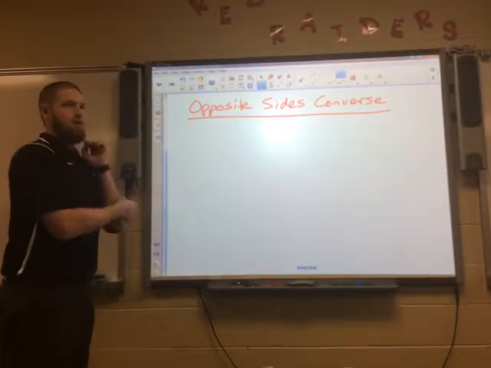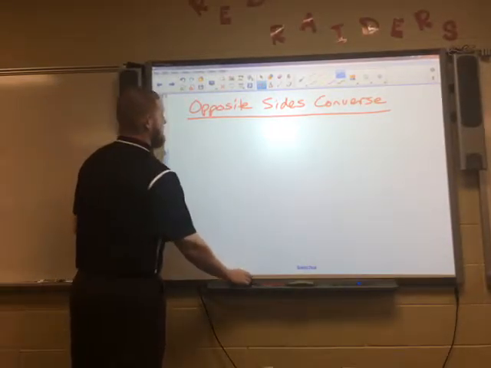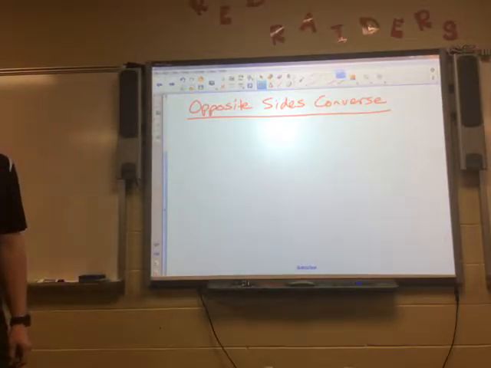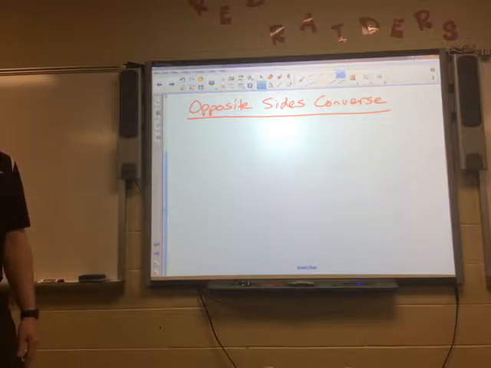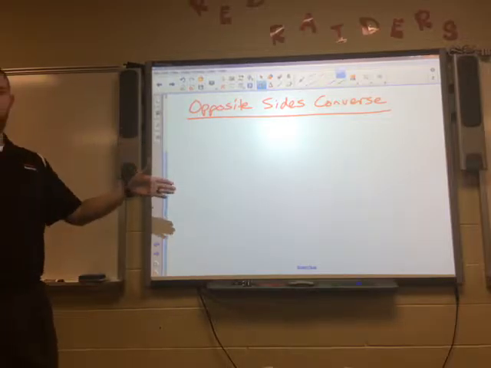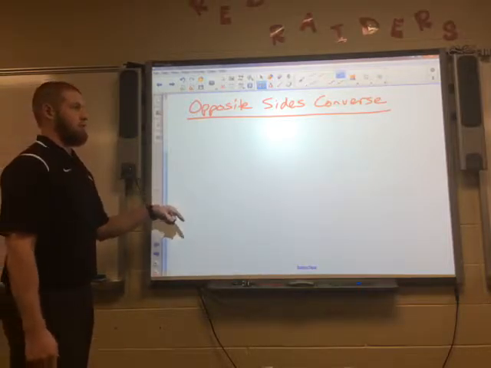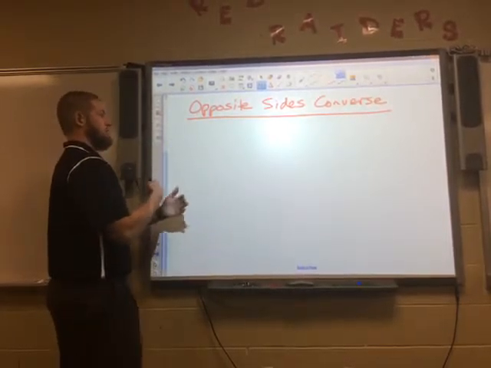Now, if it's the converse of the opposite sides theorem, what's it probably going to say? Right. If the opposite sides are congruent, then it's a parallelogram. Because yesterday it said if it's a parallelogram, then the opposite sides are congruent. So now we're just switching it.